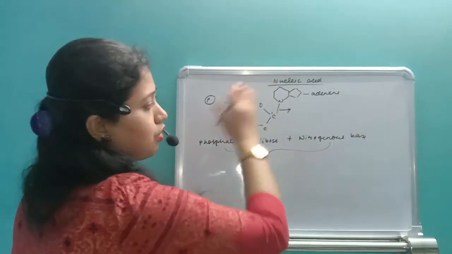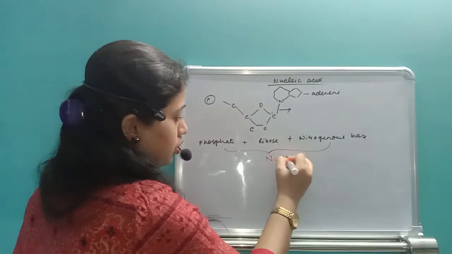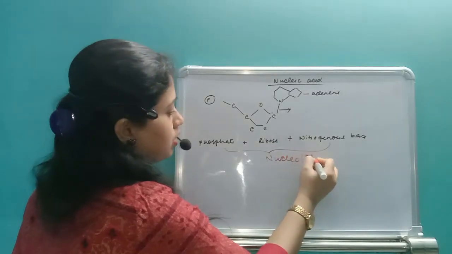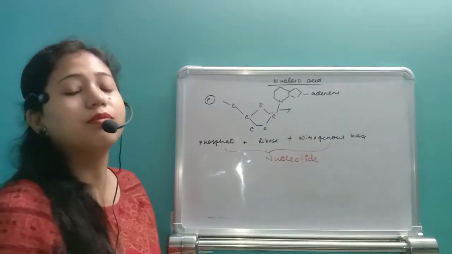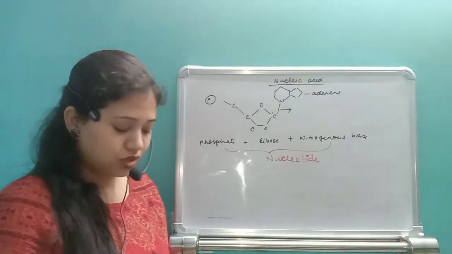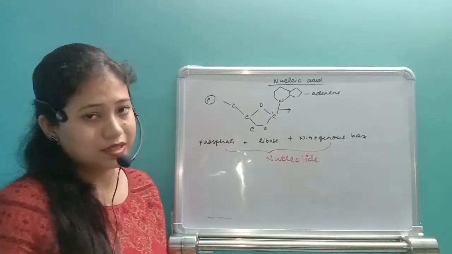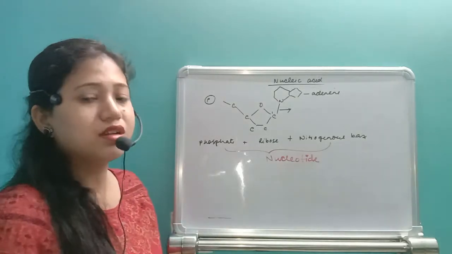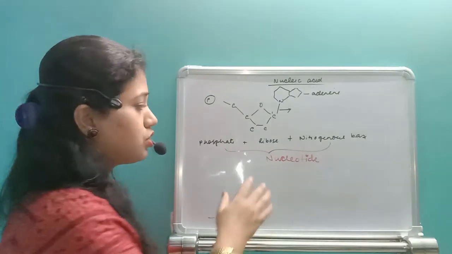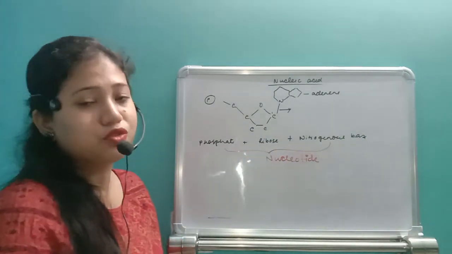Okay, so this will be the unit, the nucleotide. These nucleotides will be found in complex. They will form bonds and be attached to each other to form a long chain of nucleic acid. So here the nucleotides are the units, right? This nucleotide is going to have phosphate, ribose and the nitrogenous base.